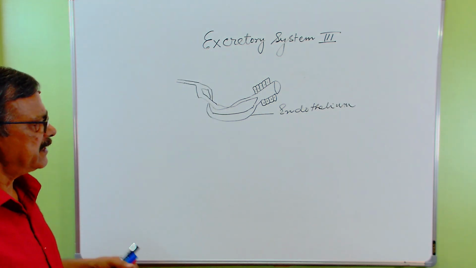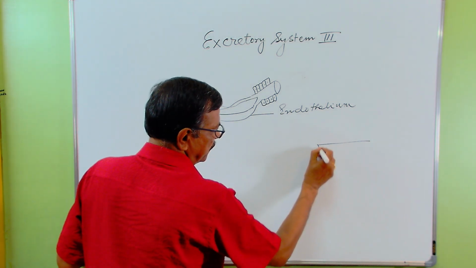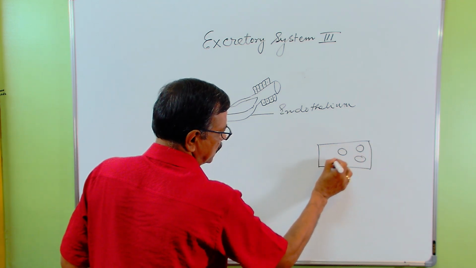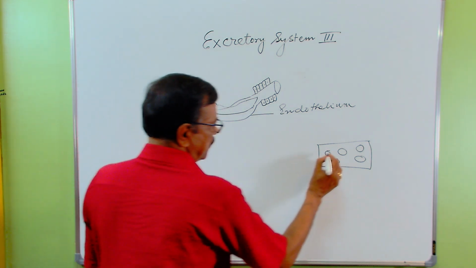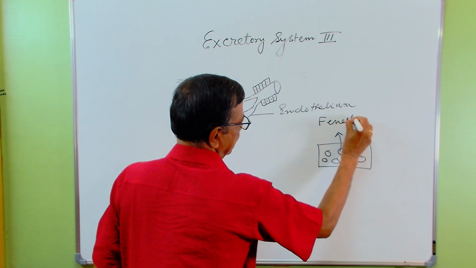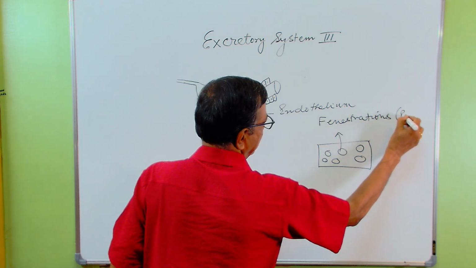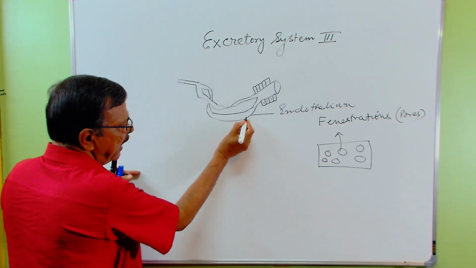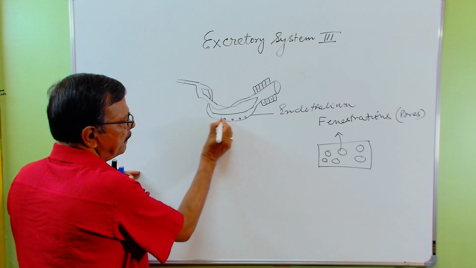These endothelial cells have pores inside, like this. These pores are known as fenestrations. These endothelial cells have fenestrations, that is, they have pores.